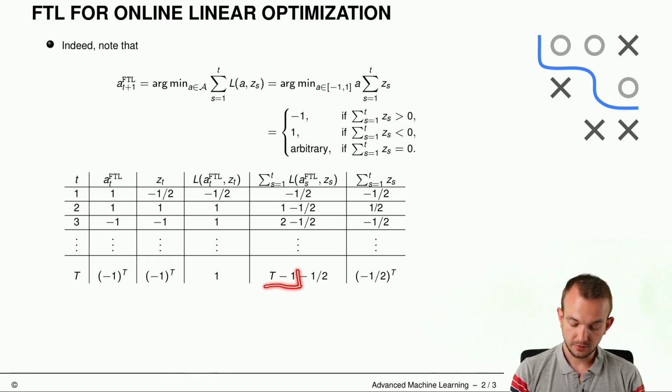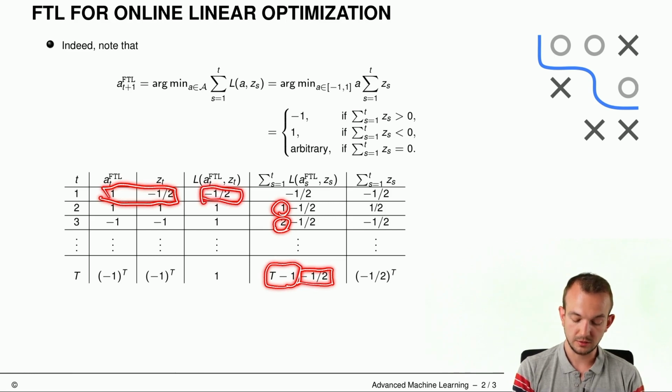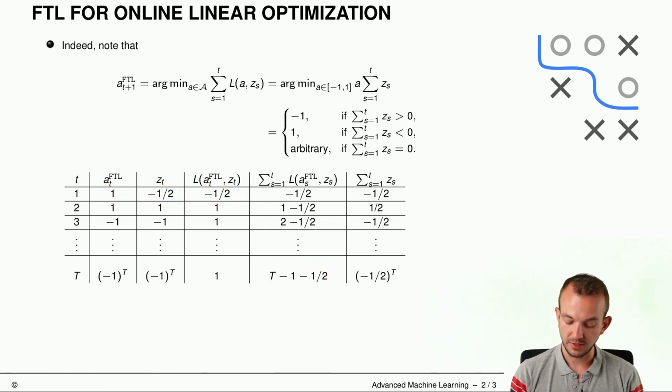And well, when we are in time step capital T, we are adding up then t minus 1 once here to the very first optimal action in the first time step, where we had this linear loss of -1/2, and for the sake of completeness, the sum over the environmental data points will be -1/2 to the power of t.